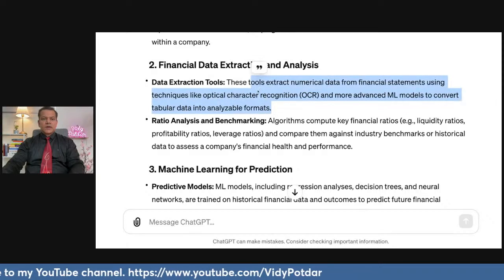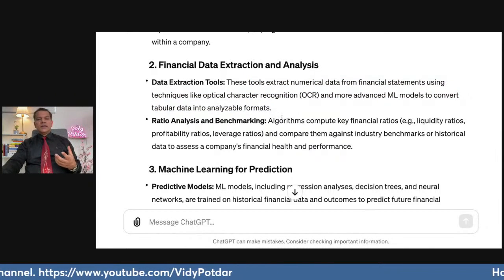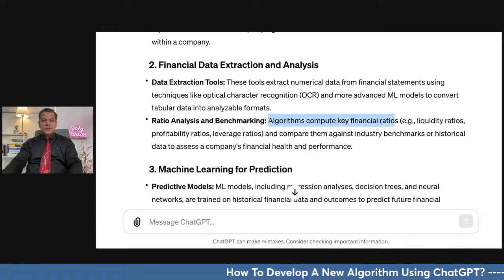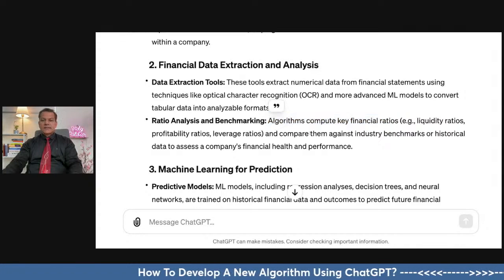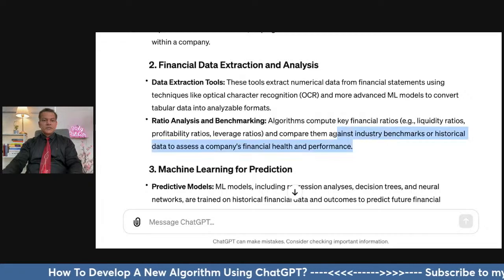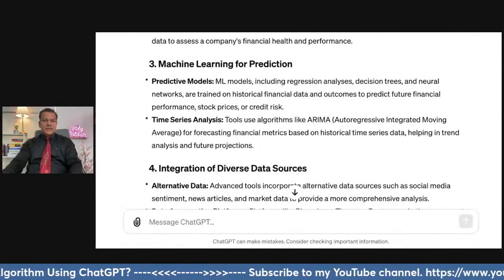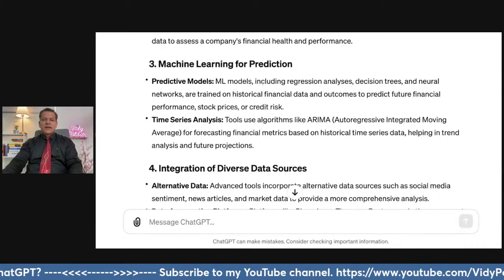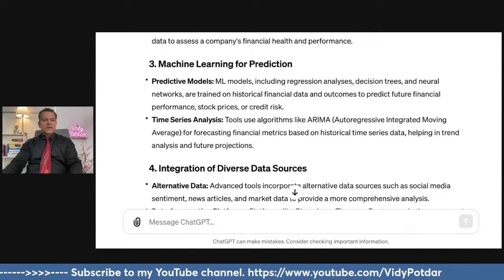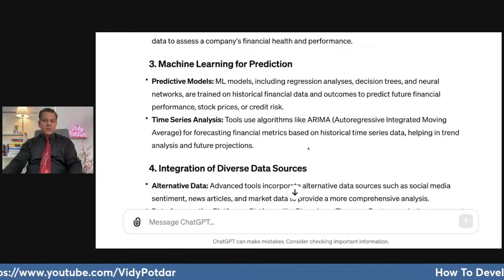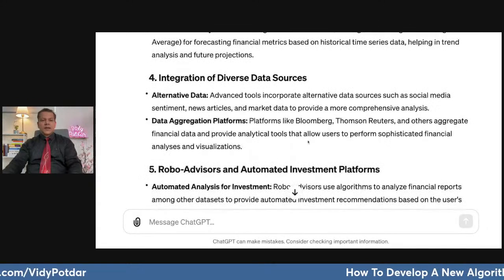So this is one way to get access to the information that we need to design the algorithm. Algorithms compute key financial ratios and compare them against industry benchmarks or historical data. So that is another approach. Machine learning for prediction. Machine learning, including regression analysis, decision trees, and neural networks, are trained on historical financial data to predict future financial performance. So this could be another kind of algorithm.